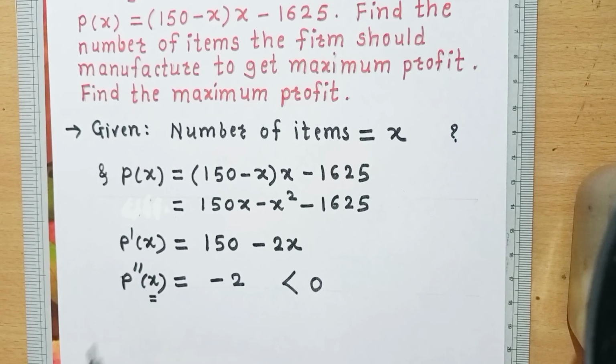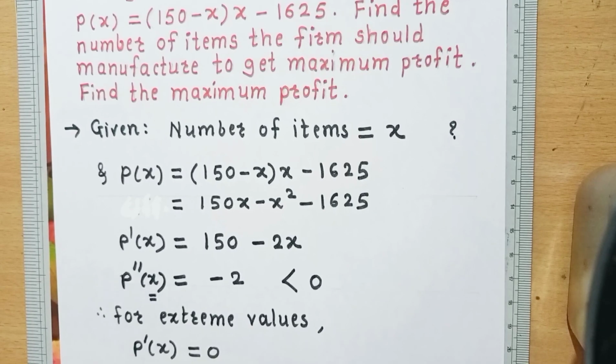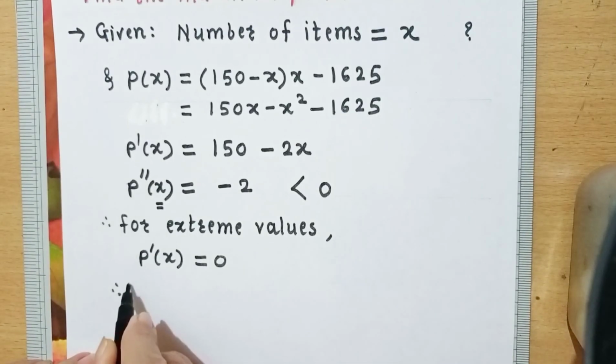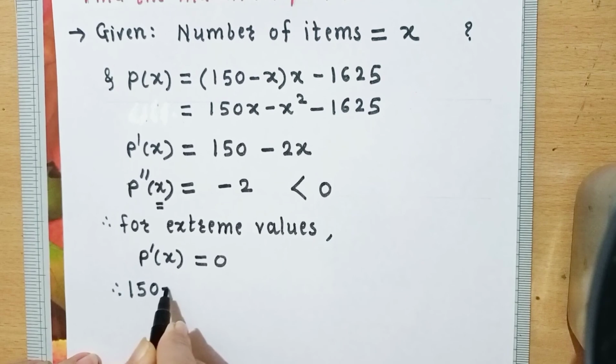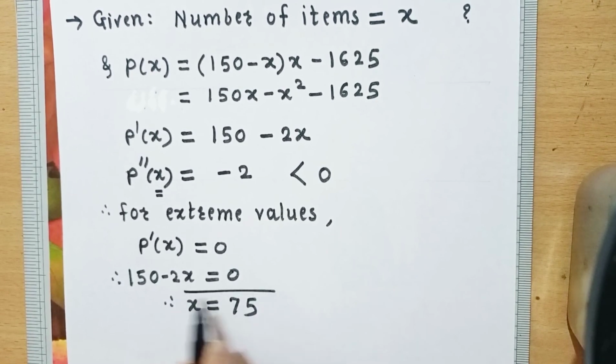But here we don't know the value of x. So we will find this value, equate this first derivative to 0, and therefore 150 minus 2x is equal to 0, and therefore x is equal to 75.